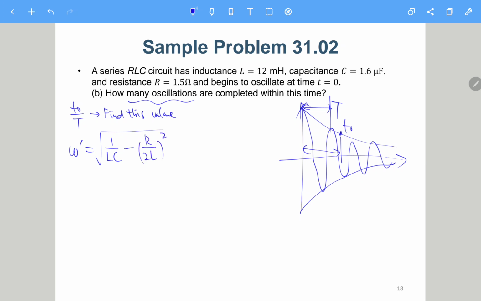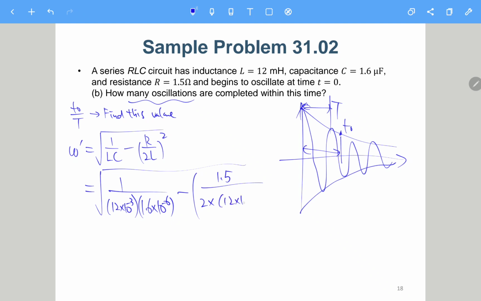So we plug in all the values: square root of 1 over 12 times 10 to negative third times C, which is 1.6 times 10 to negative 6, minus R, which is 1.5, over 2 times L, L is also 12 times 10 to negative third, quantity squared.